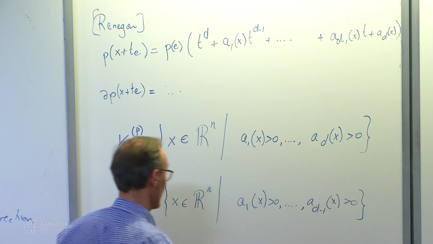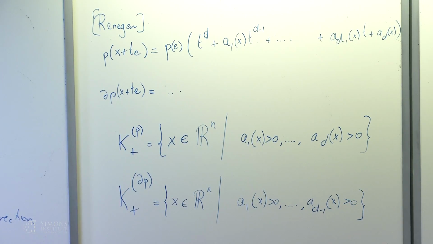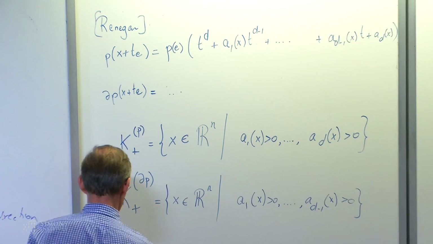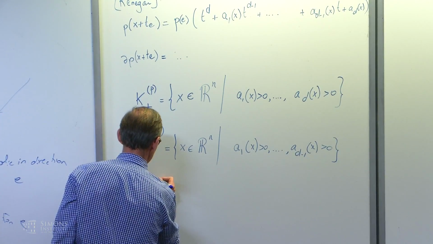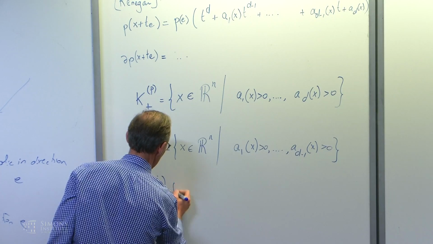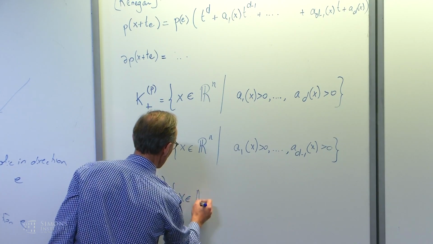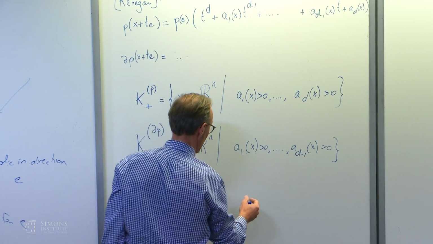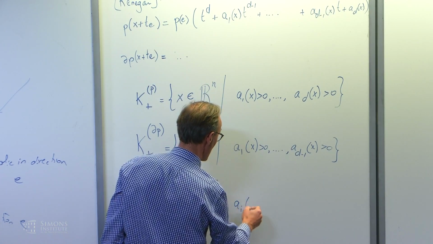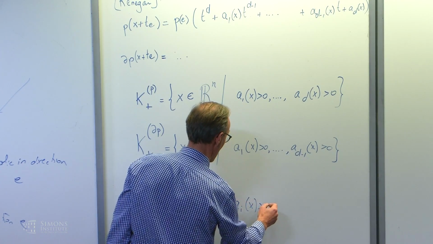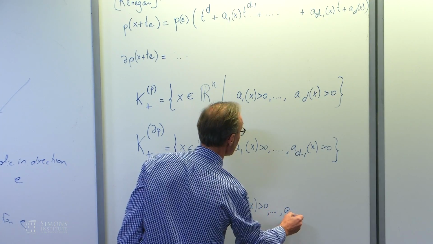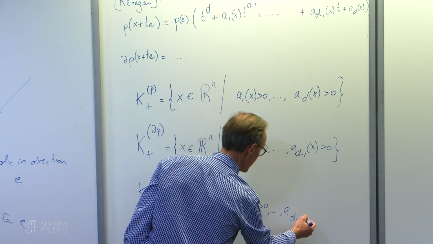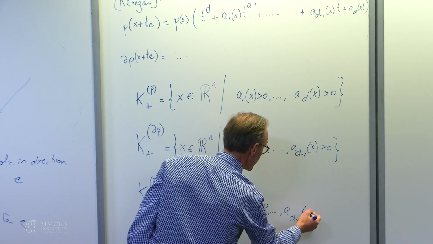And that in particular shows obviously that it must be a superset. And more generally, the cone of the i-th derivative of P is going to be the set of x in R^n such that a1 up to a d minus i of x is positive.